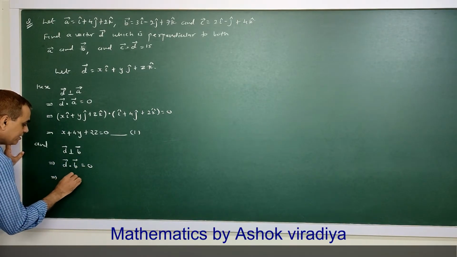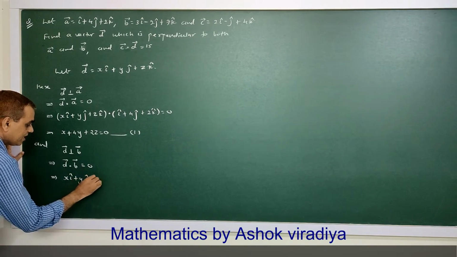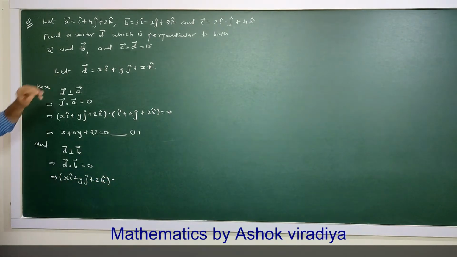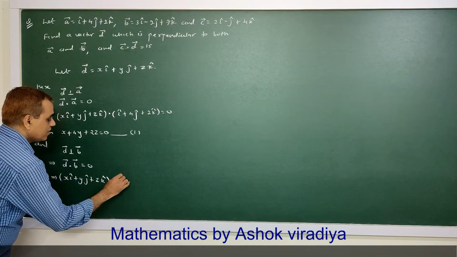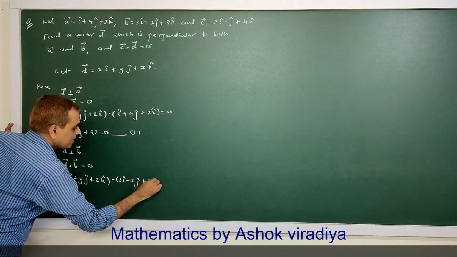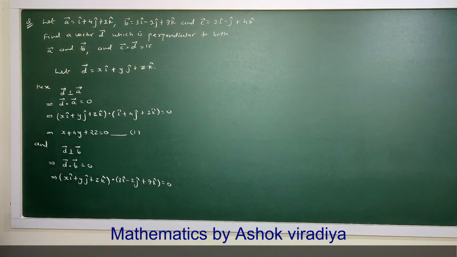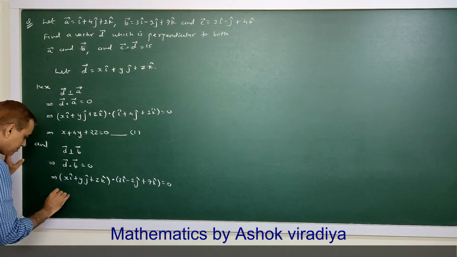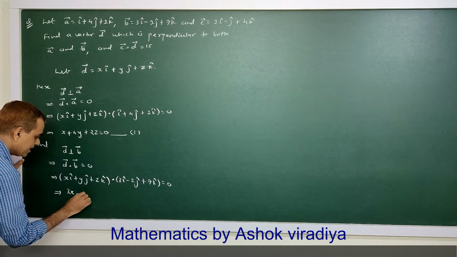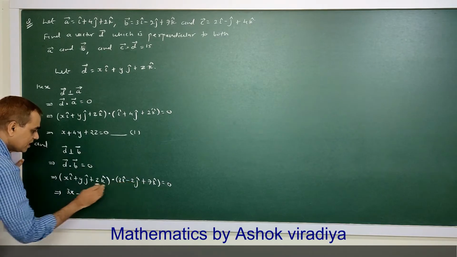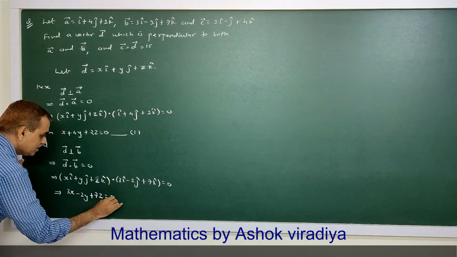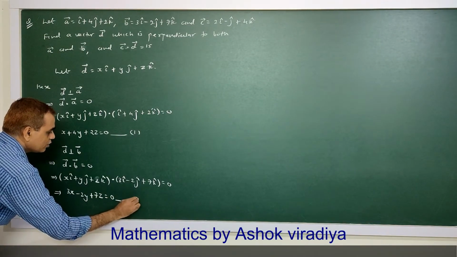So xi plus yj plus zk dot vector B, which is 3i minus 2j plus 7k, is 0. That is 3x minus 2y plus 7z equal to 0. So this is equation 2.